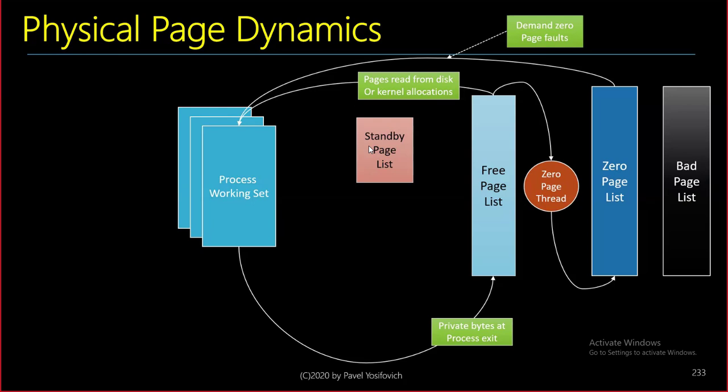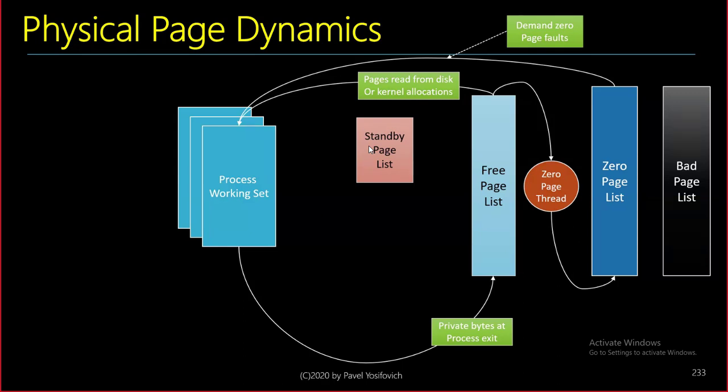The memory manager can say, hey, you haven't used that for a while. What can we do about that? One way is to say, okay, let me just take that page away from you, put it in a free page list and forget about it. The next time the process does want to access that memory, it will incur a full hard page fault, which will require getting the value of that page from the page file, which is bad.